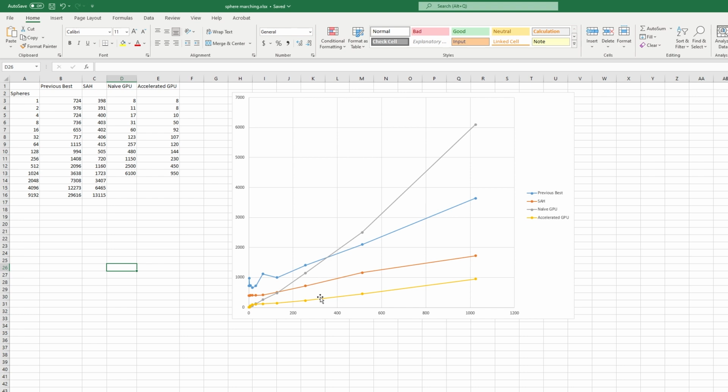But it's pretty good. The gray line is, again, just the raw GPU with no acceleration structure. See, it starts out incredibly fast, but pretty quickly it becomes less powerful, whereas this yellow one is the GPU plus the acceleration structure. So hopefully this is demonstrating that it's possible to add acceleration structures, and they matter.